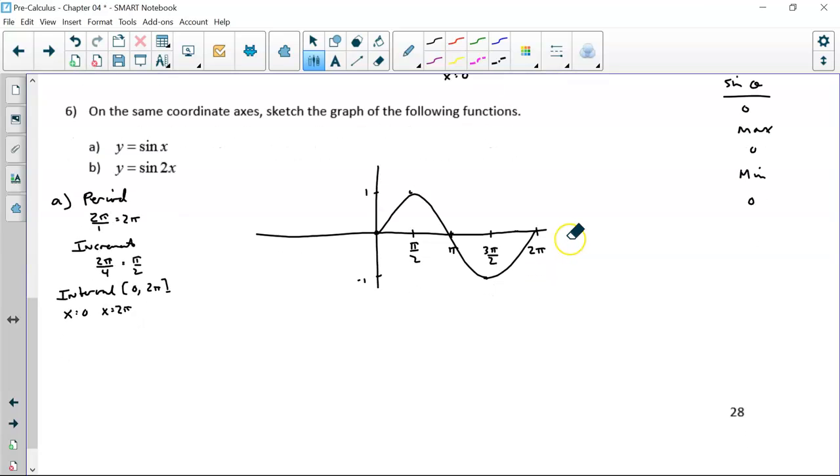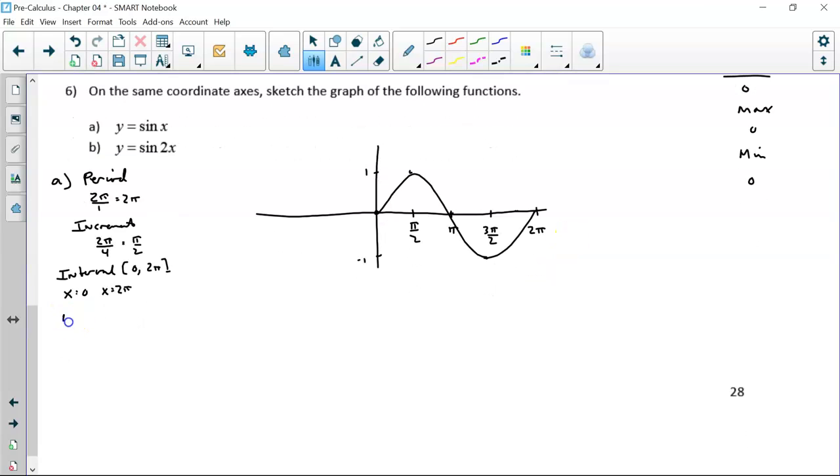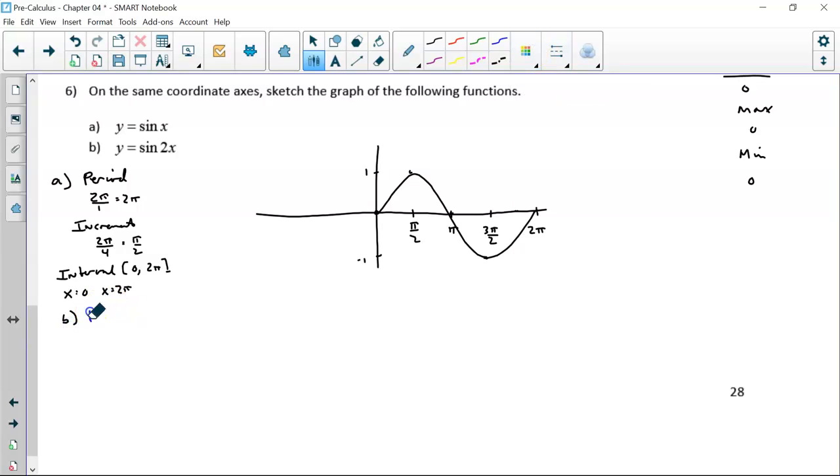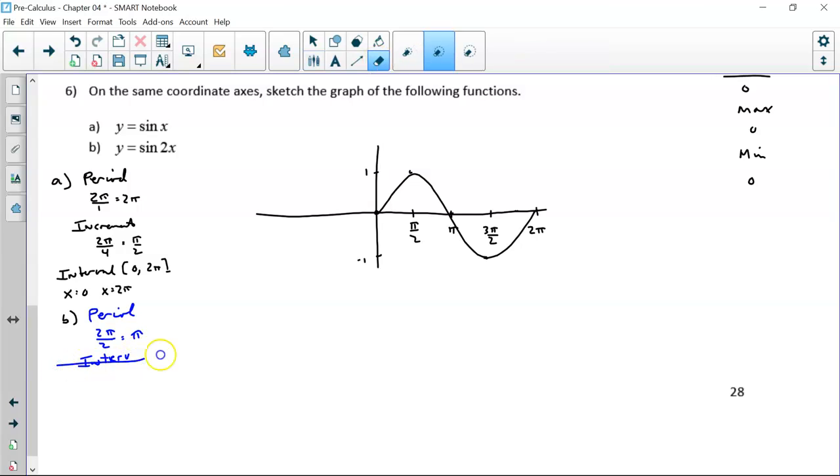Now for part B. For part B, our period is 2 pi divided by 2, which is pi, which means our increment is going to be pi divided by 4.